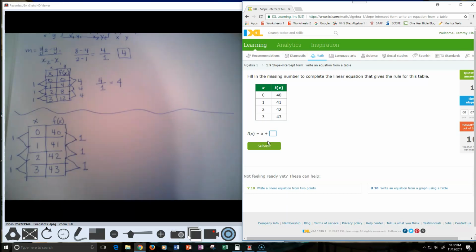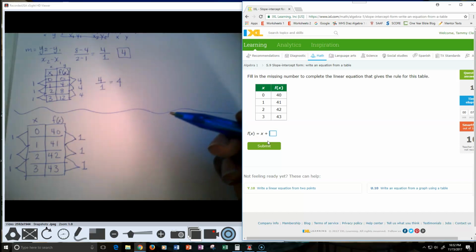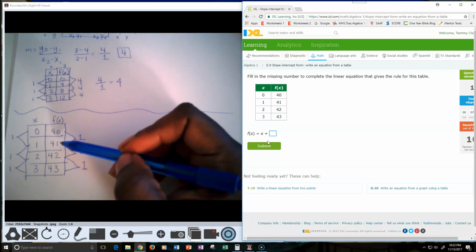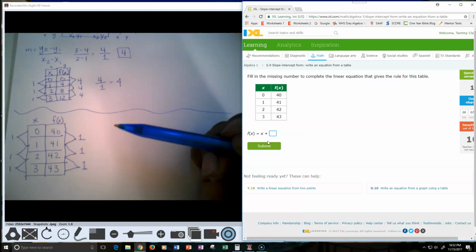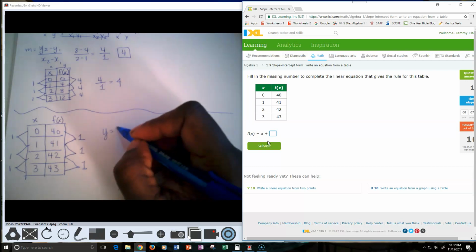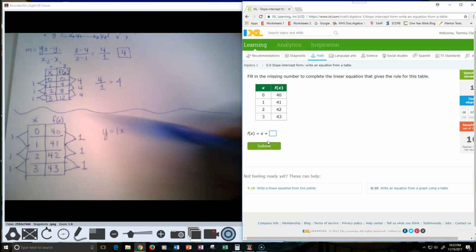There's one caveat that we have to look at. We have to look at the y-intercept as well. So I'm going to give you a couple of different ways to do this. The first way to do it would be to say, okay, well, if my slope were 1, then I should be able to multiply 1 times my input and get out the same output that I have right there.